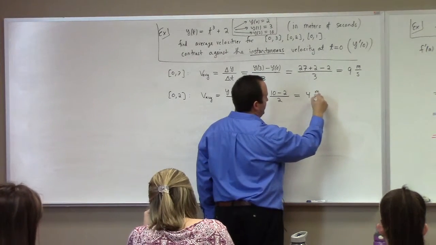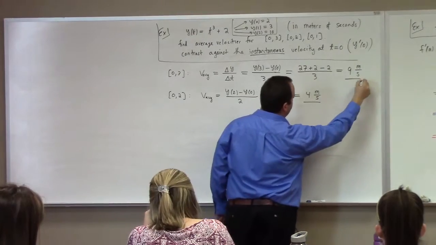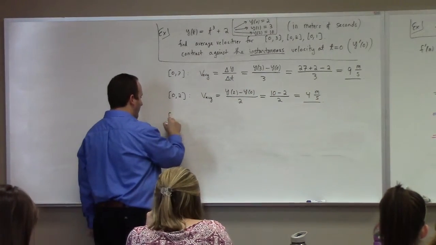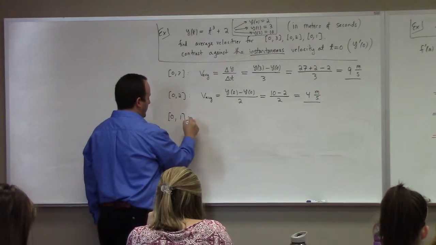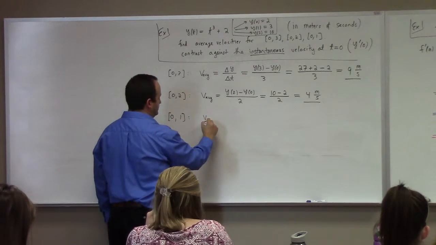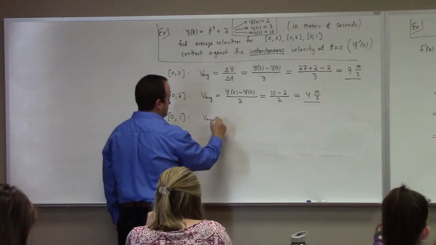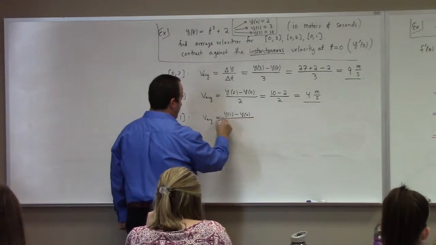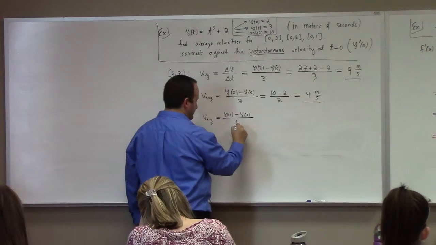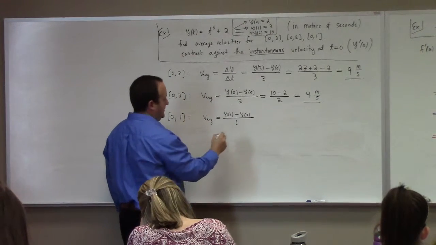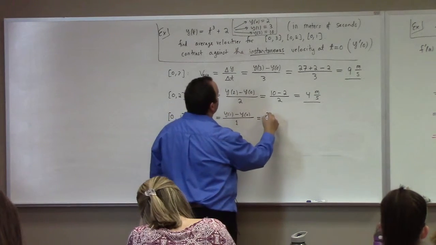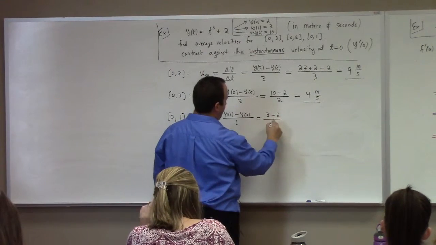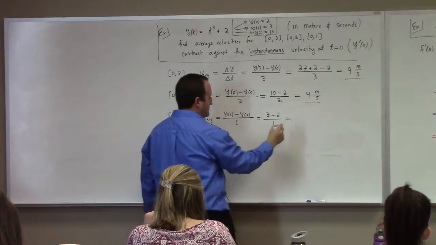And I'll stick the units on it at the end just to make it more interesting. Now the average from 0 to 1, what do we got? Y of 1 minus y of 0 divided by 1. What's y of 1? 3 minus 2 divided by 1, which is what? 1 meter per second.